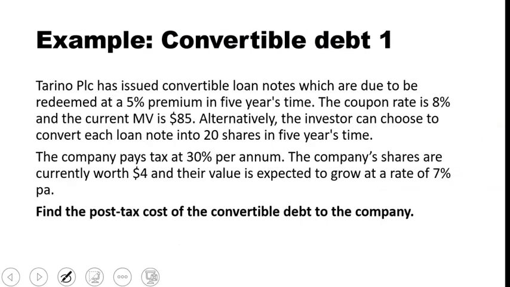So let us have a look at Tarino PLC. Tarino PLC has issued convertible loan notes which are due to be redeemed at a 5% premium in 5 years' time. The coupon rate is 8% and the current market value is $85. Alternatively, the investor can choose to convert each loan note into 20 shares in 5 years' time.